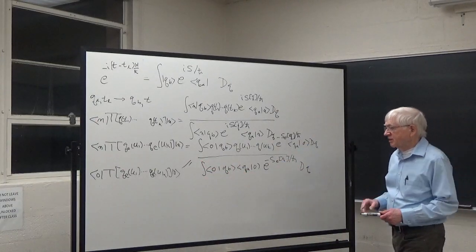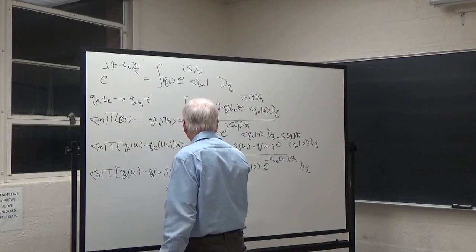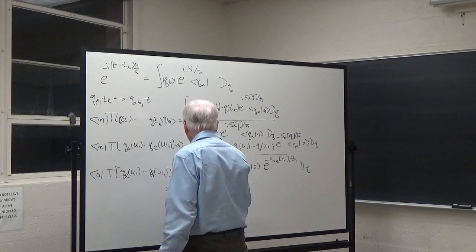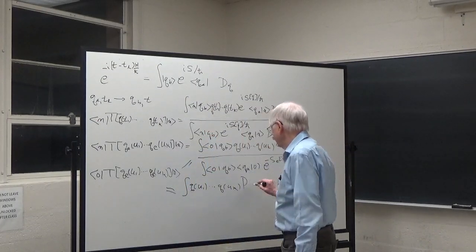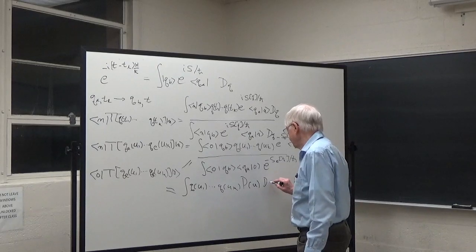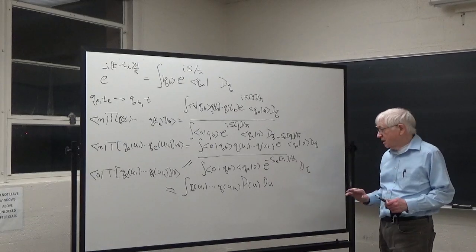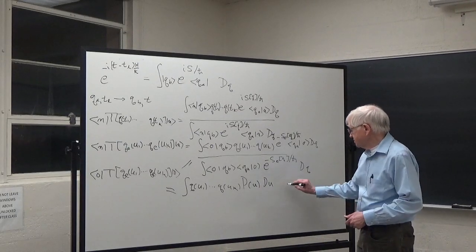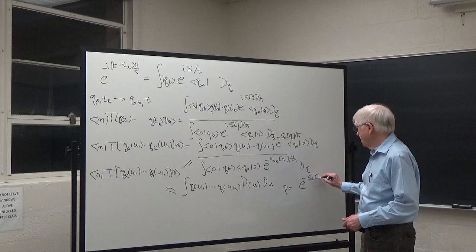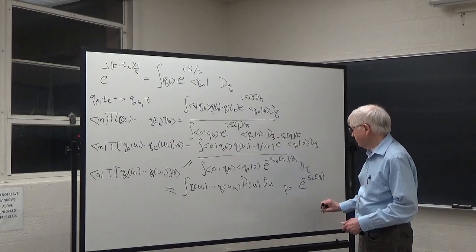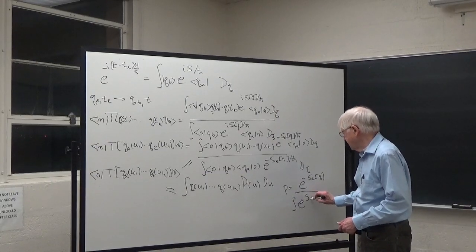And in fact, one can rewrite this as an integral of q of u1 through q of uk, P of q, dq, where P is an actual normalized probability, because P is just e to the minus S_E of q over the integral of e to the minus S_E of q dq.